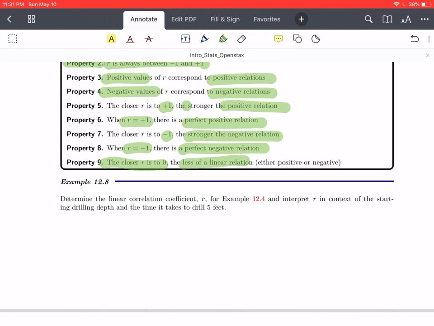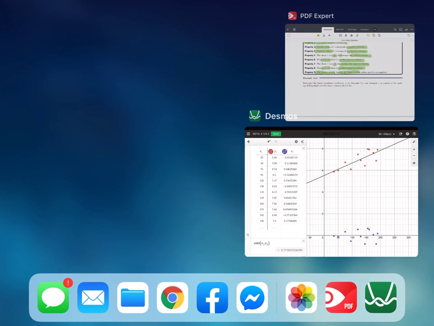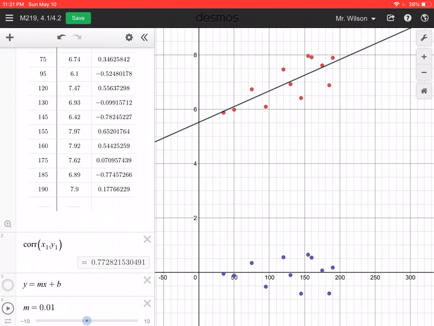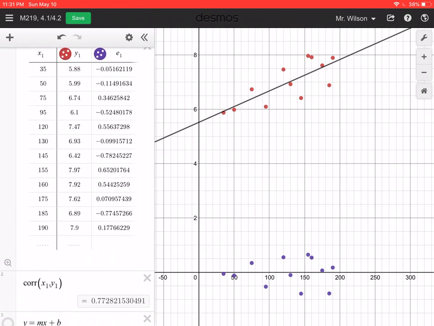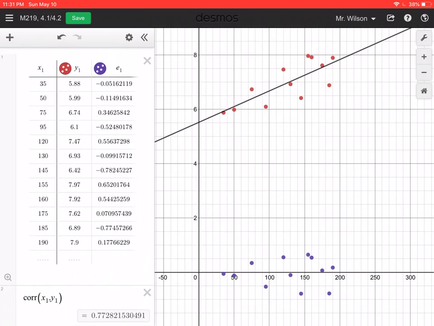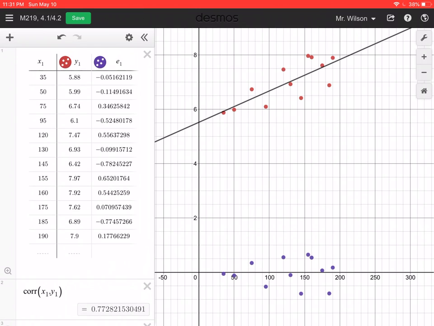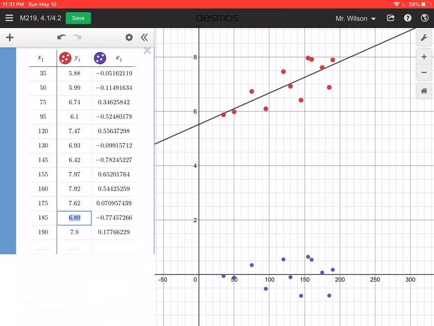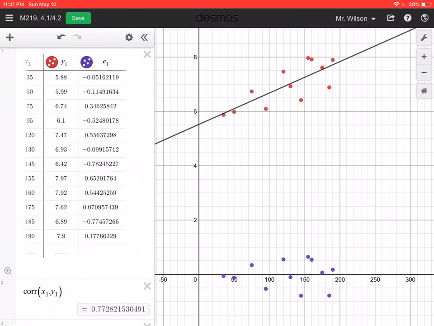Okay, so let's go back to Desmos. This is a great thing about Desmos, it gives all these values to us. If you notice here, you can actually get the correlation coefficient by typing in the function. So CORR is the correlation function, and you can correlate your first column and your second column together.